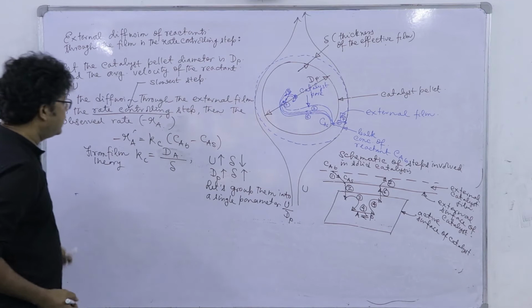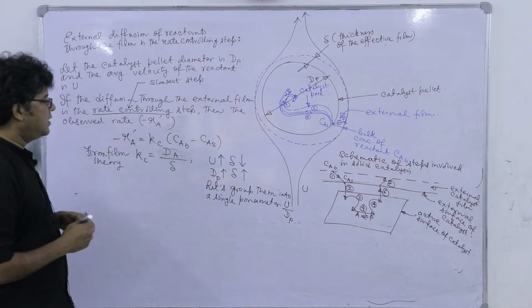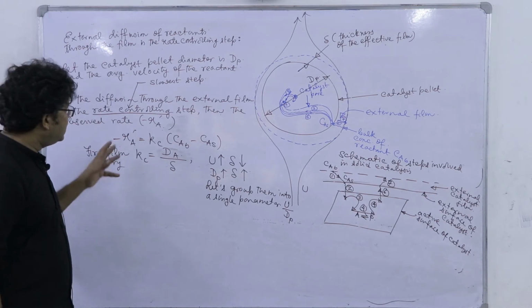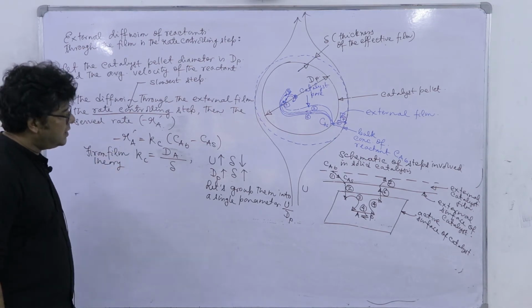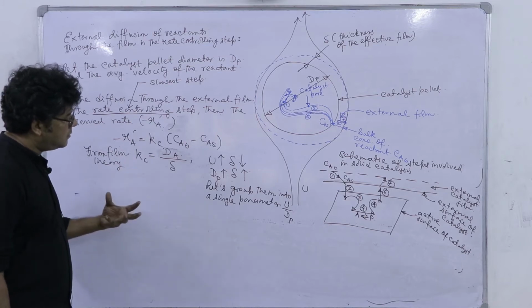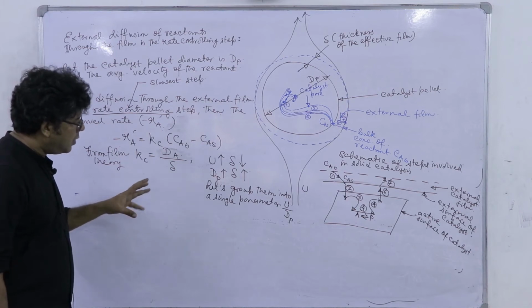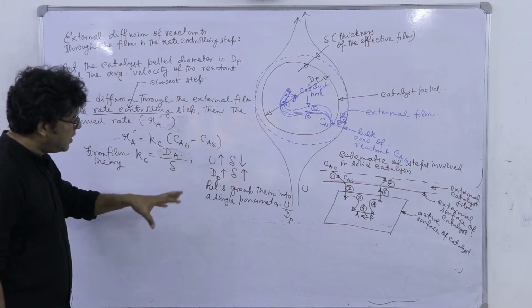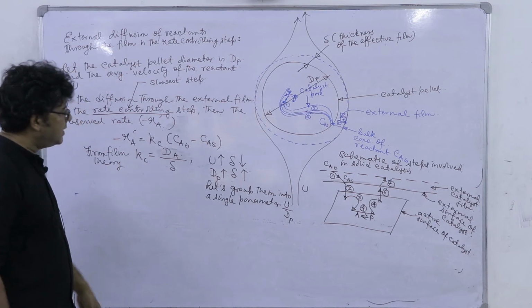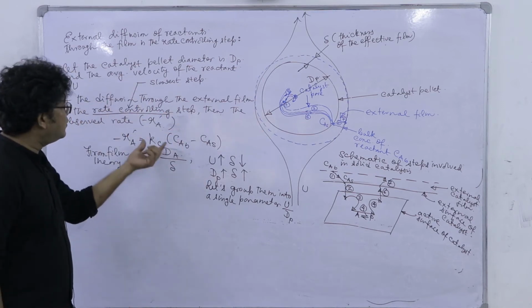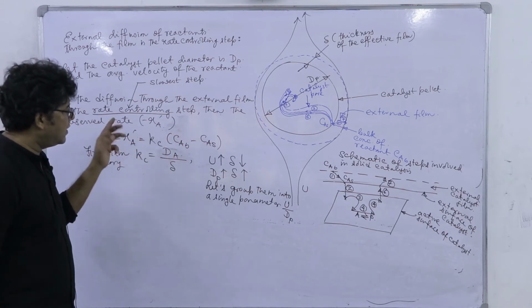How will this observed reaction rate change with the increase of u by dp? Initially when dp is pretty small and u is high, we have a high value of this u by dp term and delta will be abruptly low, and as a consequence there will be no resistance.